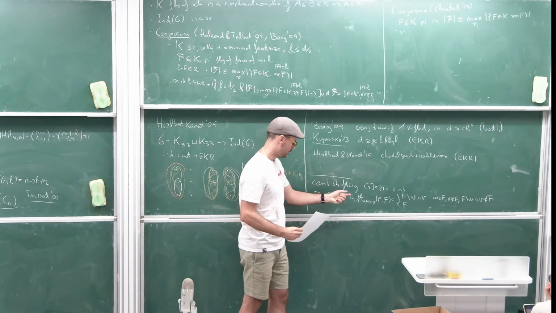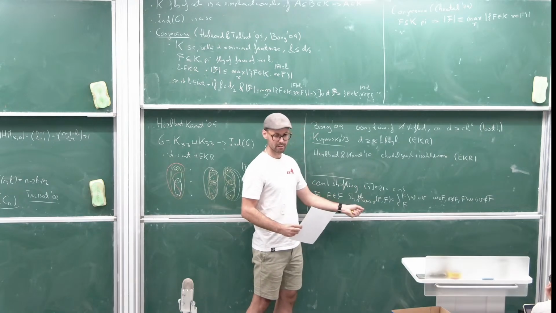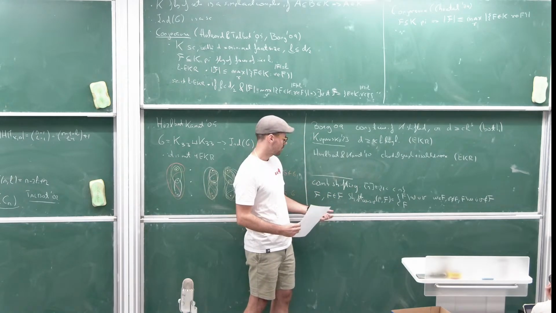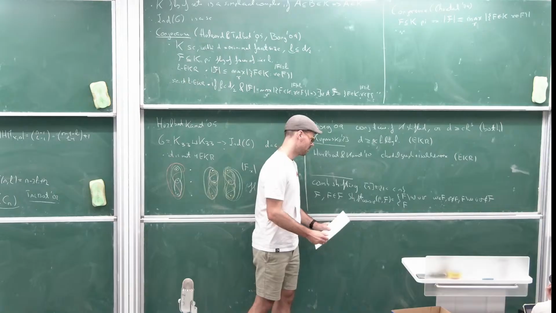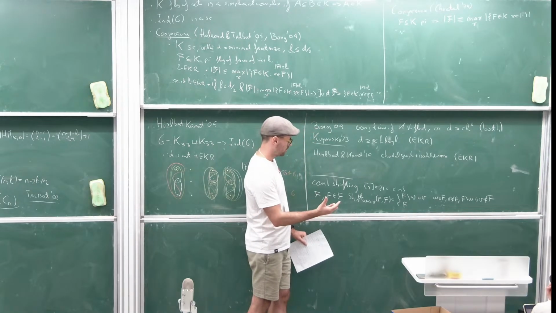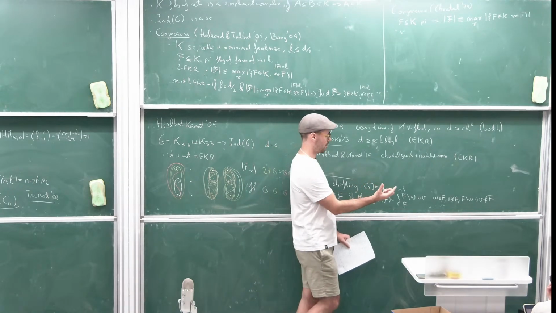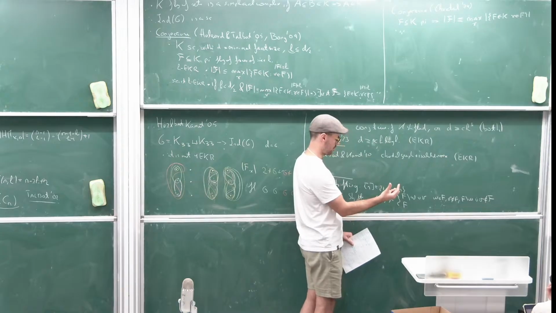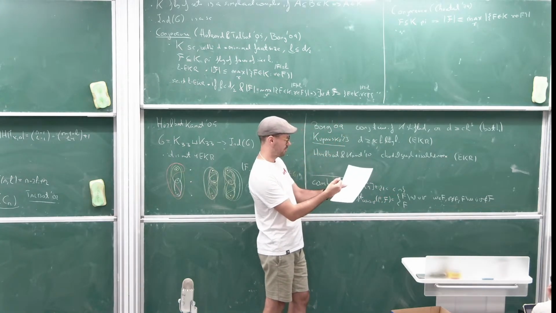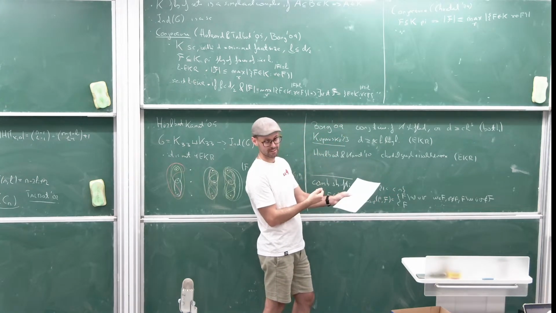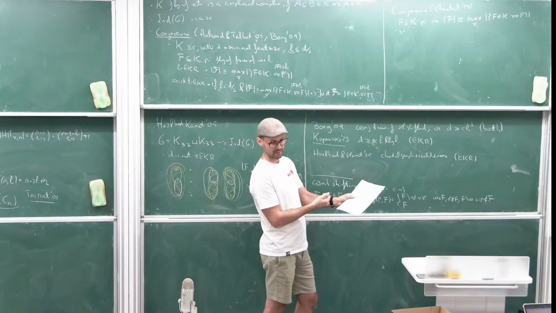A family is shifted if it is invariant under this operation, or in other words, a family is shifted if whenever you have F there and you replace any vertex by a lower one, you already have that element in the family.